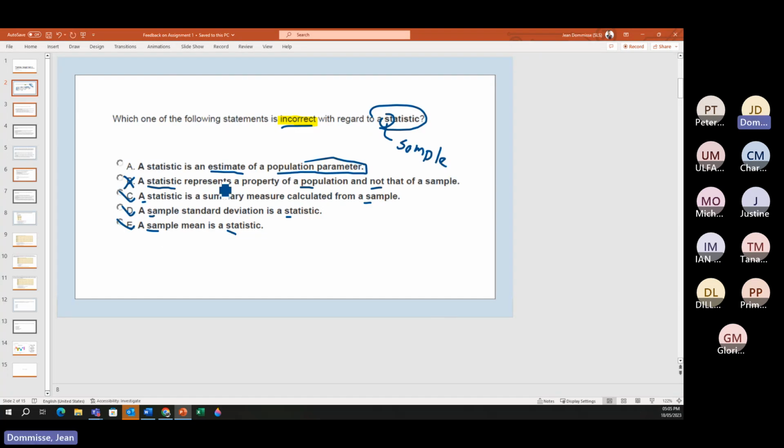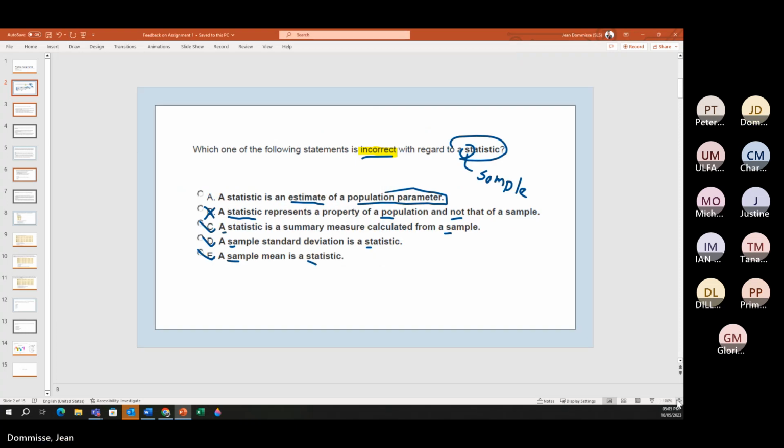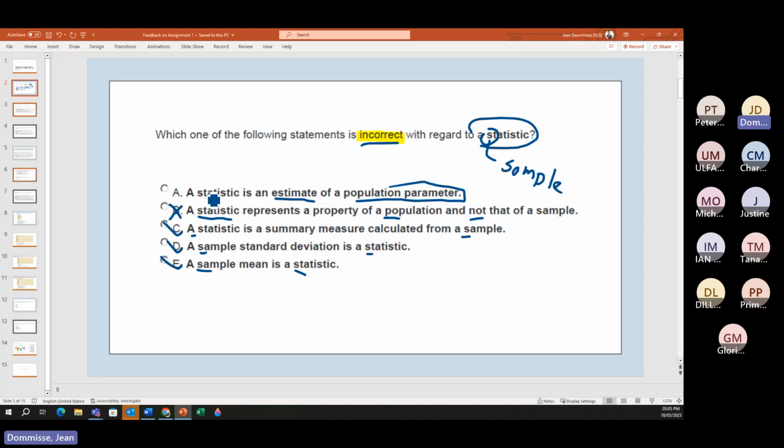If you look at your study guide, you will also see that is correct. A statistic will be an estimate of a population parameter. So that one is also correct.